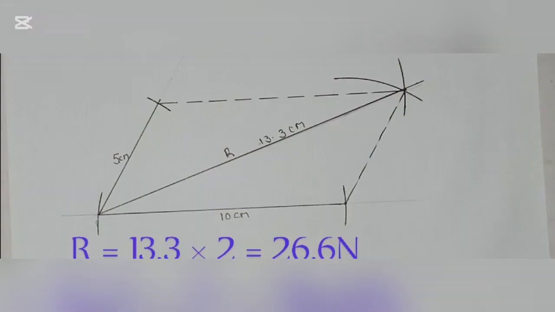Converting it back to Newton, we will multiply our 13.3 by 2 according to our scale. When we multiply 13.3 by 2, we will have 26.6 Newton, which is very close to our answer by calculation.